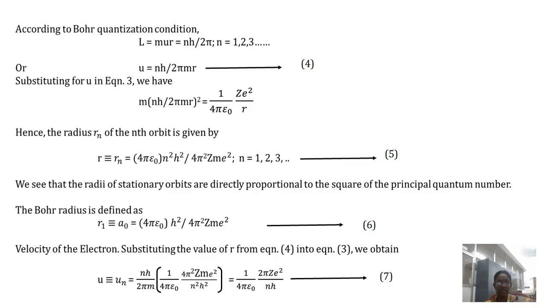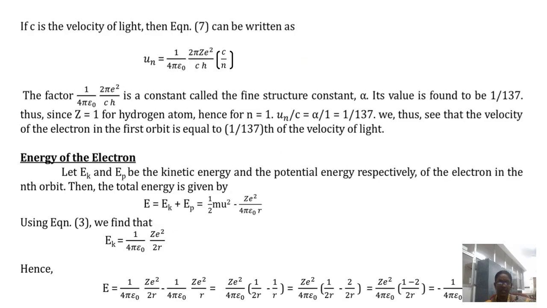After cancelling the common factors, that is nh in the numerator and nh in the denominator, 4 pi and 4 pi in numerator and denominator, we will get 1 by 4 pi epsilon naught 2 pi Z e squared by nh.